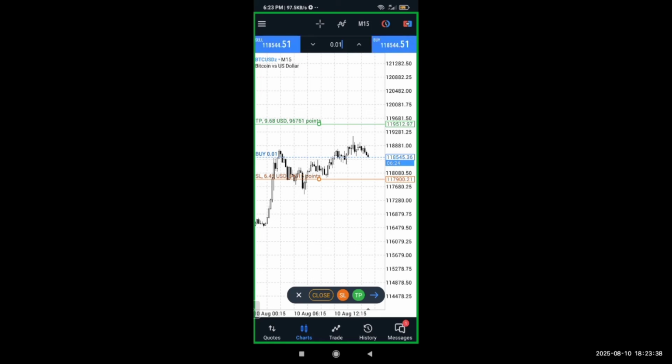But I am going to click on the forward button now, this blue button that is here. So this blue button, I am going to click on it so that I will proceed with setting my stop loss. So let me click.